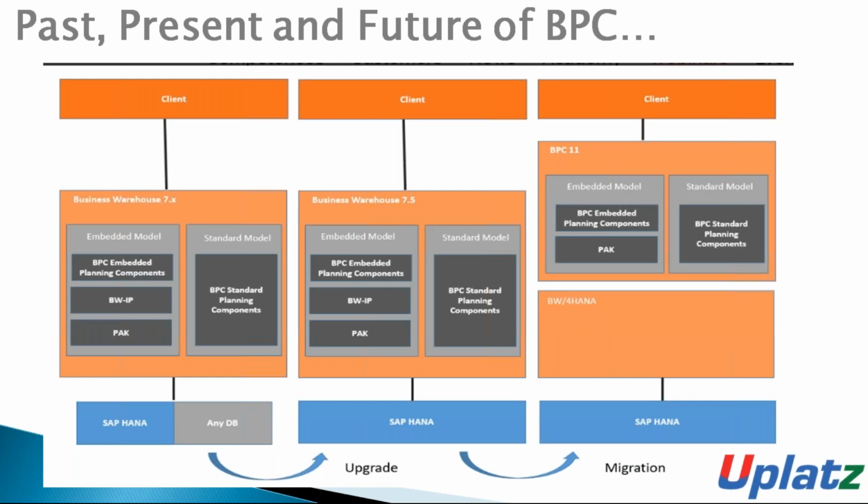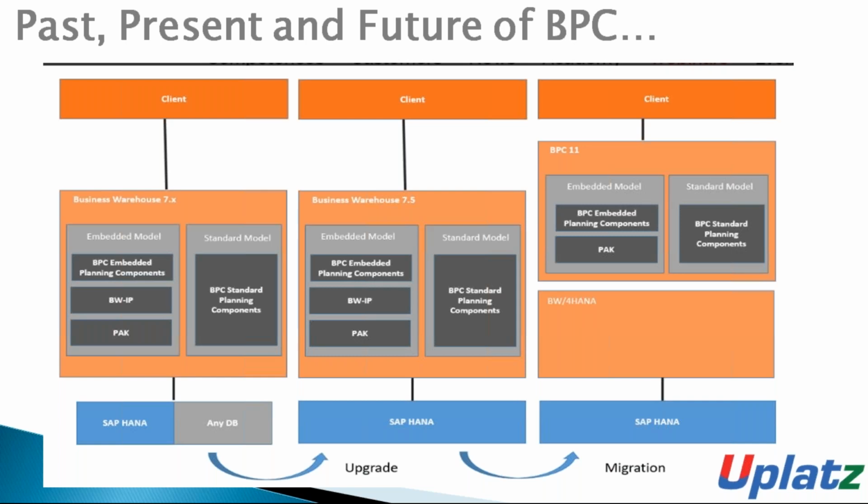One is the client layer, which is BPC, and the application layer, which is BW. It will have its own version, and the database layer, which is any other database or HANA database, will have their own versions. So BPC NetWeaver version is more dependent on the application layer. If we migrate BPC, we need to migrate this application layer as well. That's why both these versions are really interrelated.